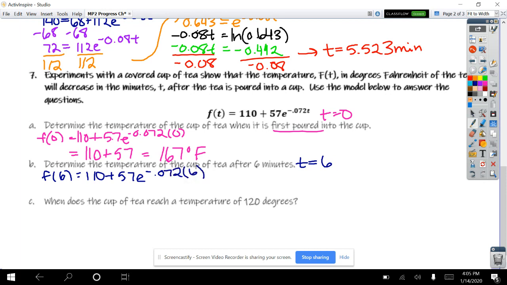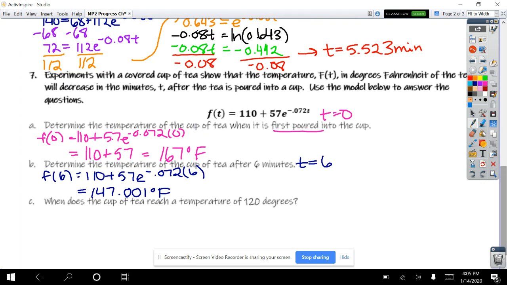I'm not going to show you this in the calculator because I've shown you for all the other ones. But if you do this in the calculator correctly, you should get 147.001 degrees Fahrenheit. If you're a little off, it just means you rounded wrong and it's not really a huge deal.